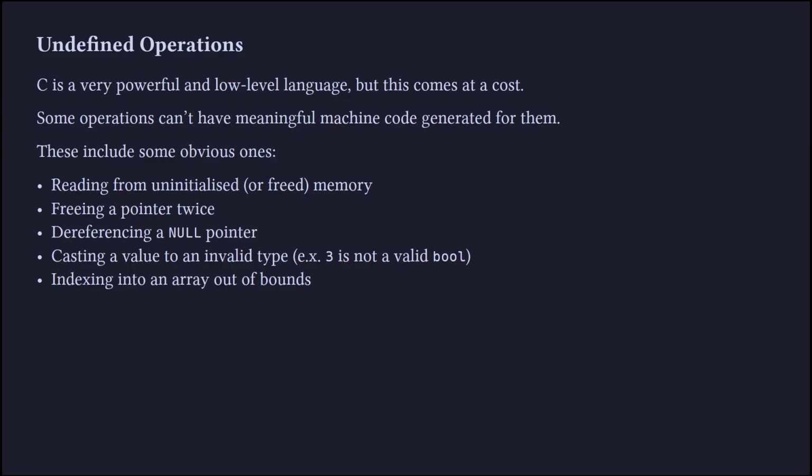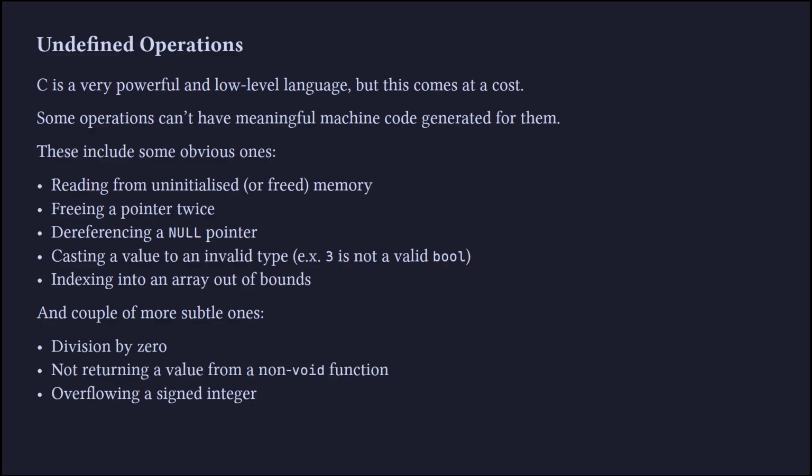There's no meaning that has in comparisons, and you're going to run into a lot of problems. And indexing into an array out of bounds works with our provenance that we've talked about. There's also a couple of subtler cases which, in practice, could have things defined for them, but don't for optimization reasons.